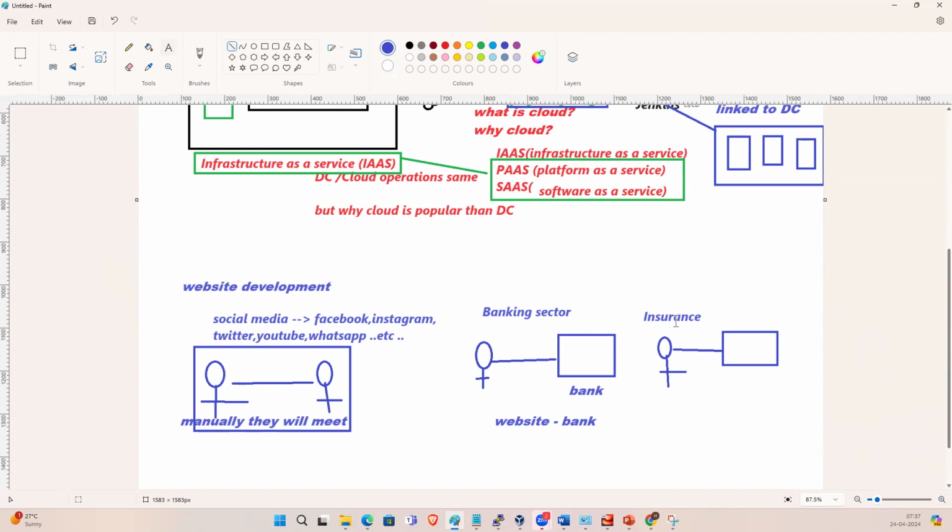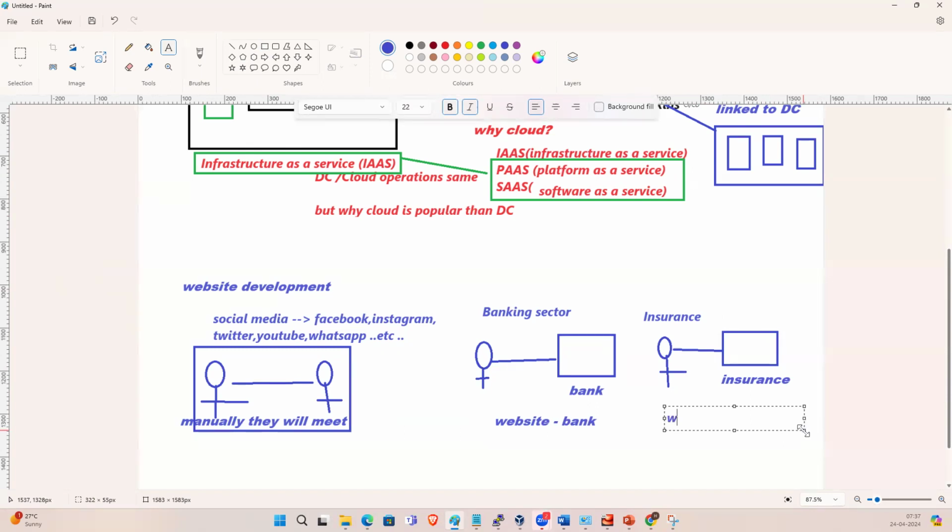So there is a middleman agent, or you go to the insurance office. But insurance companies also created a website to handle whatever operations you want.